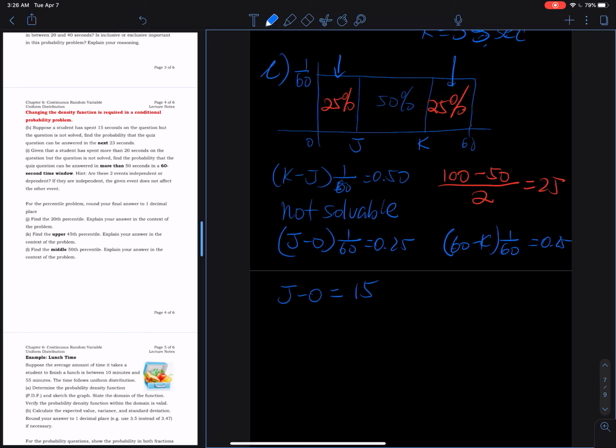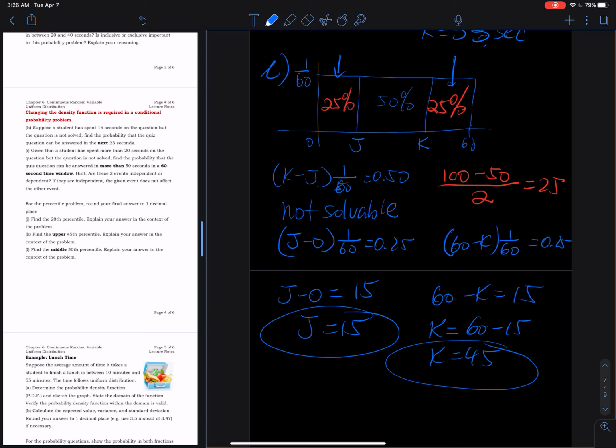So J is equal to 15. For K, 60 minus K equals 0.25 times 60, that is 15, so K is 60 minus 15, which equals 45. So that is J, that is K.